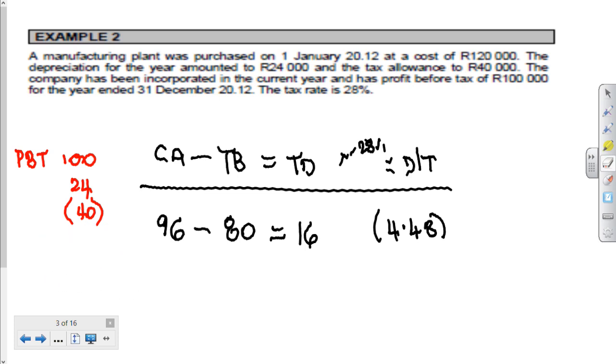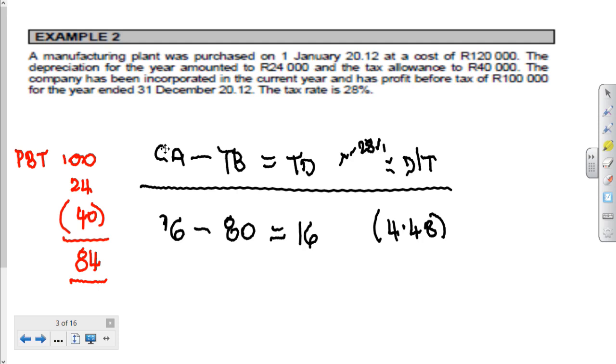No, it's 84, isn't it? Oh my goodness. So look, even though my profit was 100, I'm only paying tax on 84.